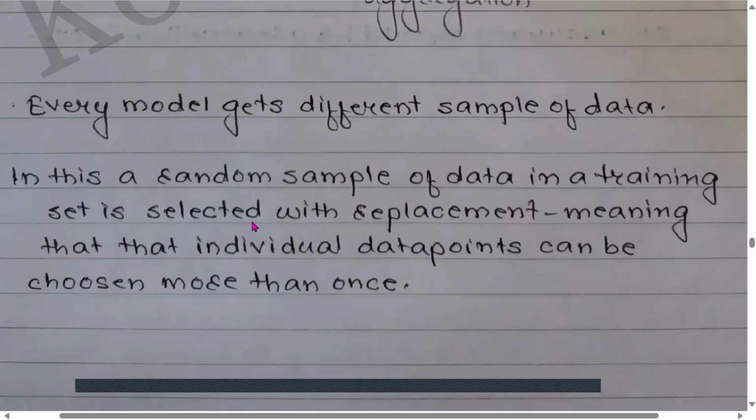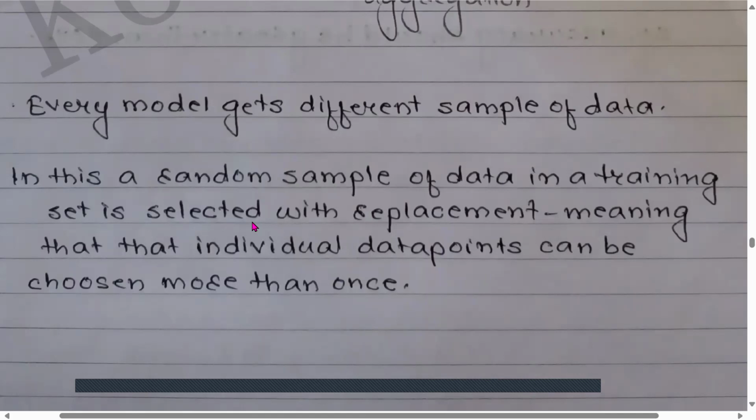Are you getting it? That means, for example, to different models, we can give the same chunks of data. That is the meaning. But as per the given example, they have given different chunks to different models. See, for three models, three different chunks.